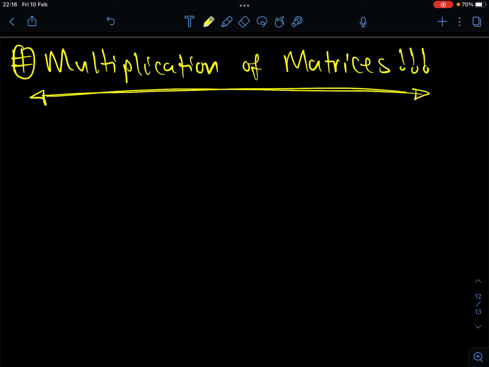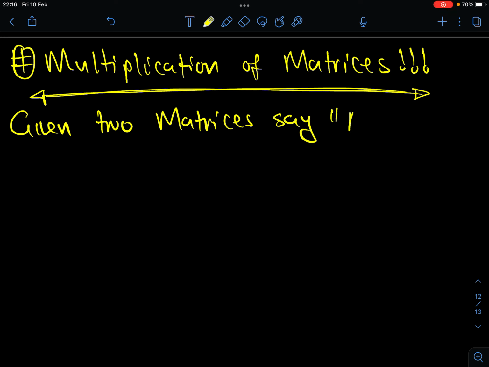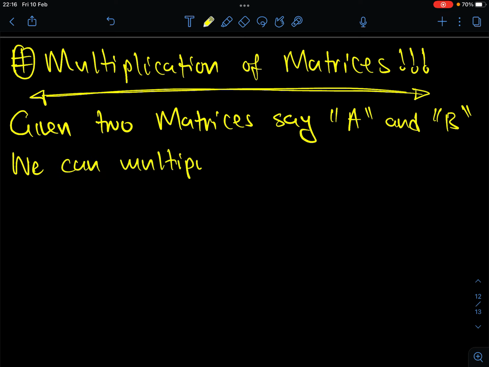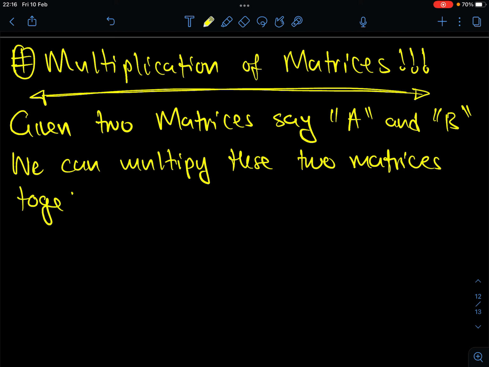So given two matrices, say A and B, we can multiply these two matrices together if the following condition holds true.